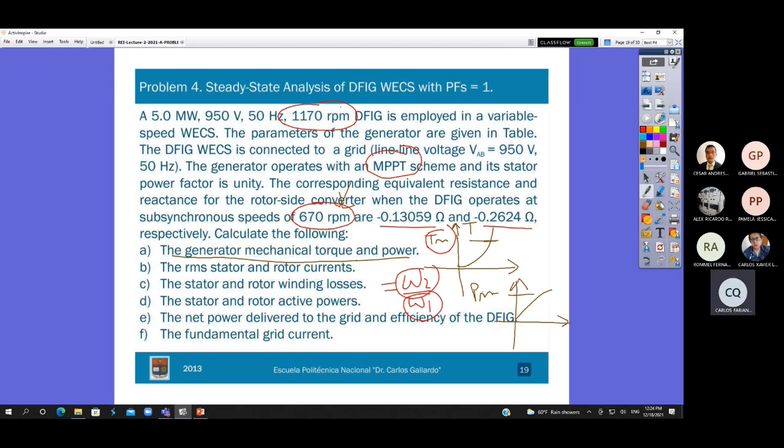So to compute the torque, my first way is to use this approximation using the ratio of the speed. For the torque it is squared, and for the mechanical power it is cubed. This is my first conclusion.